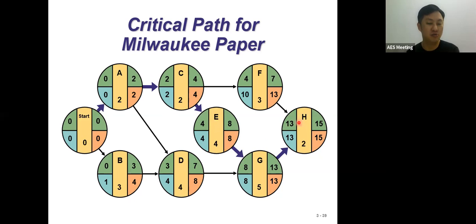Now, with 5 critical activities, where are the non-critical activities? They are activity F, activity D, and activity B. These 3 activities are not critical.